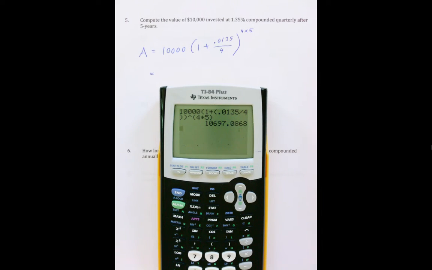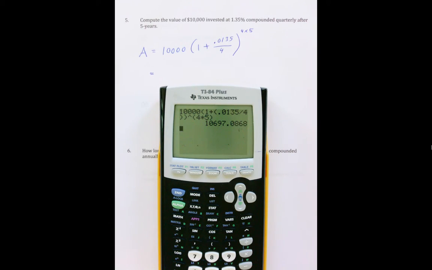So gang, I get 10,697.09. You'd only get about $700 interest over 5 years, because you only get 1.35% compounded quarterly.